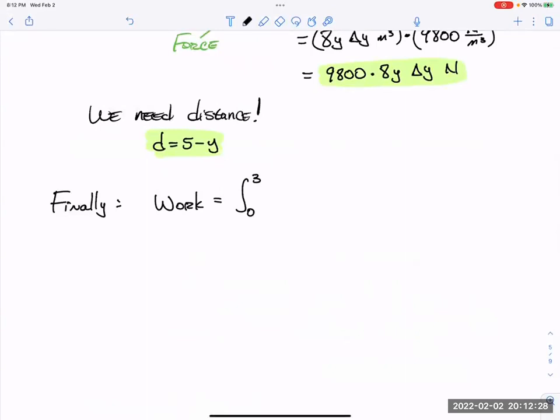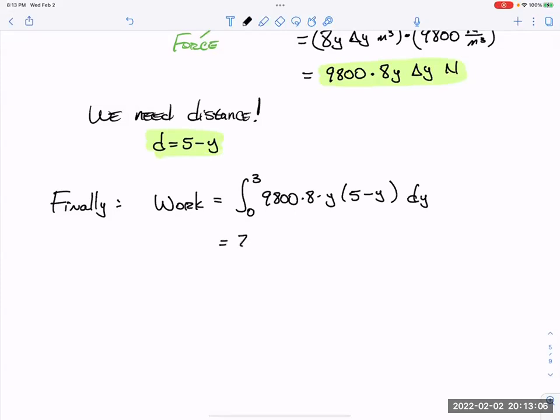What's our force? That was right here, right? So your force is 9,800 times 8 times y, and then delta y becomes my dy. So what I've drawn here, up to here, that's your force. But now we got to multiply by distance, which is 5 minus y. Okay. So there it is. That's force times distance, and you're summing them up from 0 to 3, because that's where your fluid in the tank is.